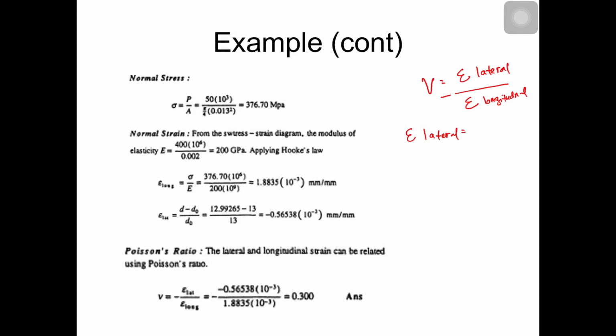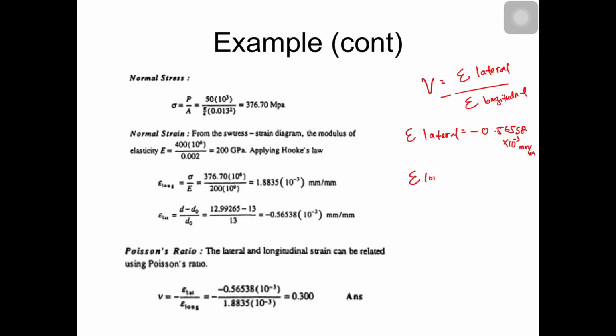It is basically D final, which is 12.99265, minus 13 original diameter, over original diameter. So you get this value: minus 0.5658 times 10 to the power of minus 3 mm over mm.